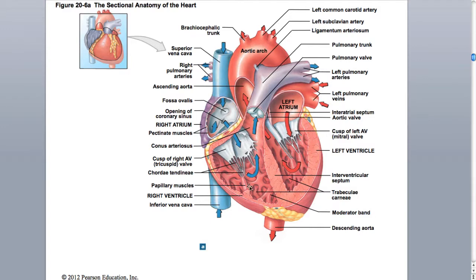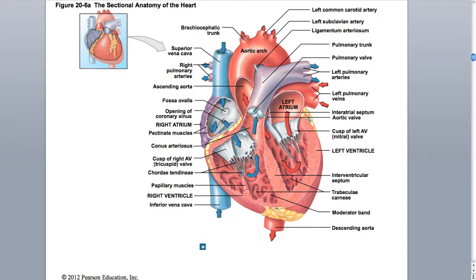The two other things I need to cover are the chordae tendineae and the papillary muscles. The purpose of the papillary muscles is to hold the chordae tendineae. Now why? Because you do not want the heart valves to invert like a cheap umbrella in a stormy wind.